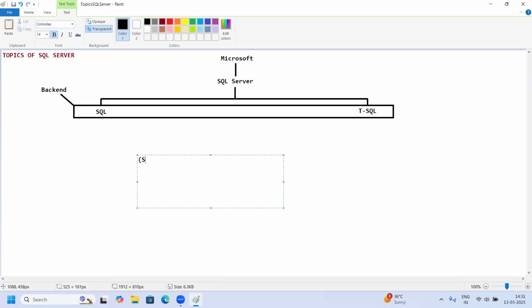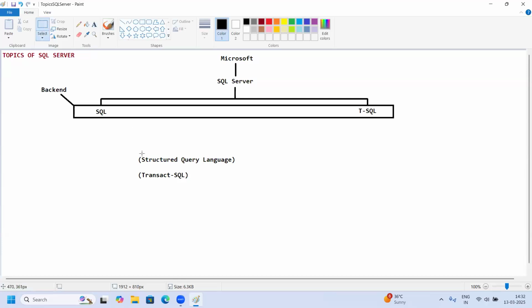SQL is all about structured query language. T-SQL is all about Transact SQL.